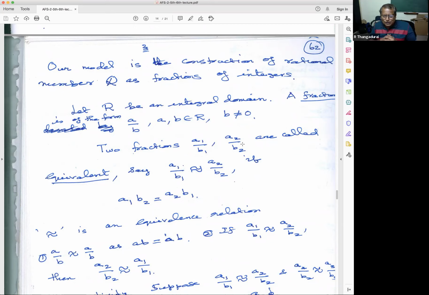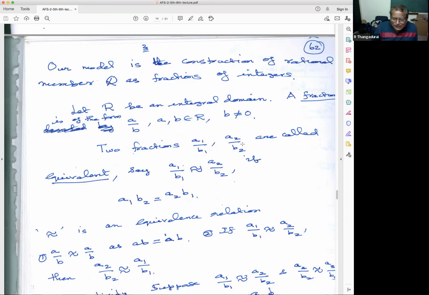In the rational numbers, 1/2 is the same as 2/4, so we say they are equivalent. Similarly, we want to say that two fractions formed from integral domain elements, a1/b1 and a2/b2, are equivalent if and only if the cross multiplication is equal.